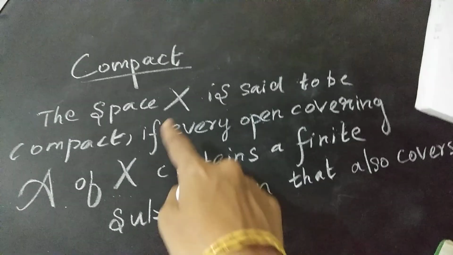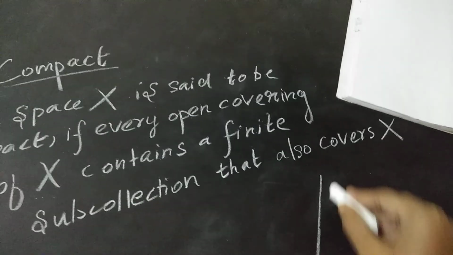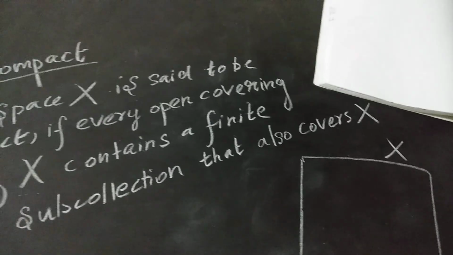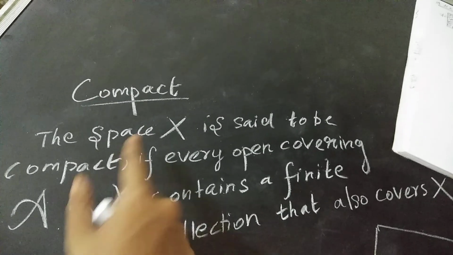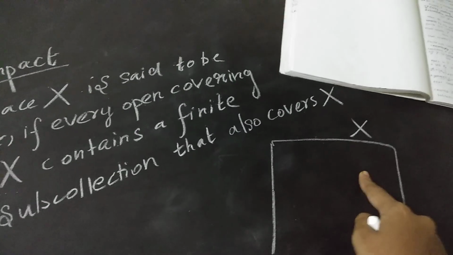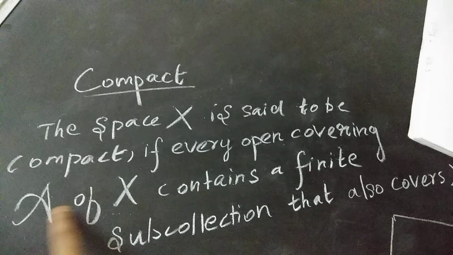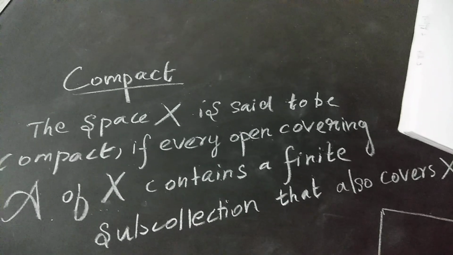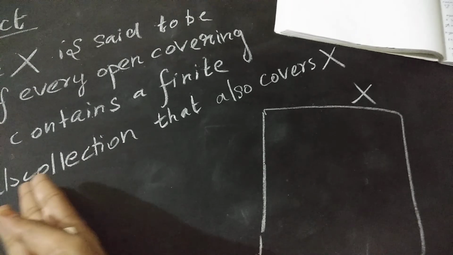Here you are considering the topological space X, and you are going to say this topological space X is compact. When will you say that? If every open covering script A of capital X, and I explained to you about one open covering in the topological space just before, right?